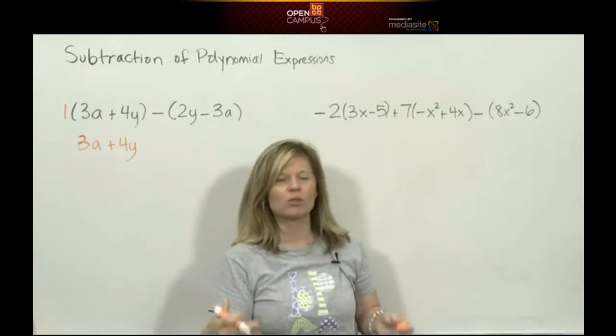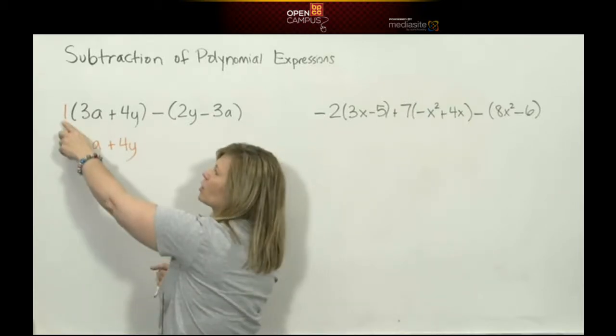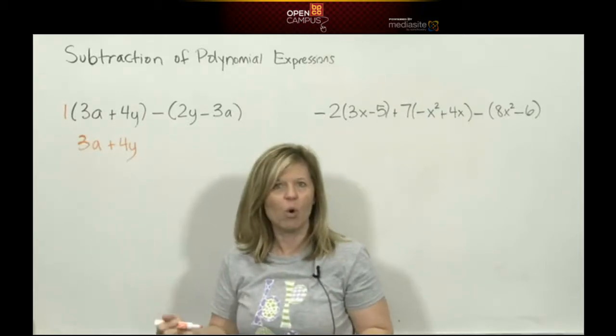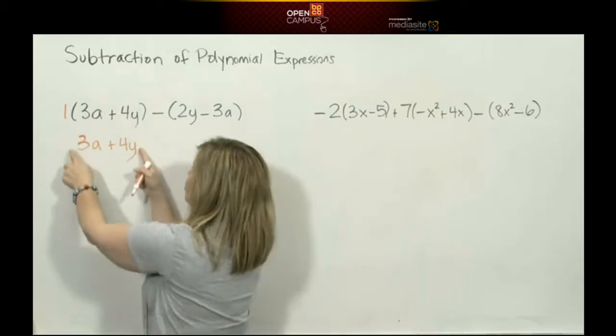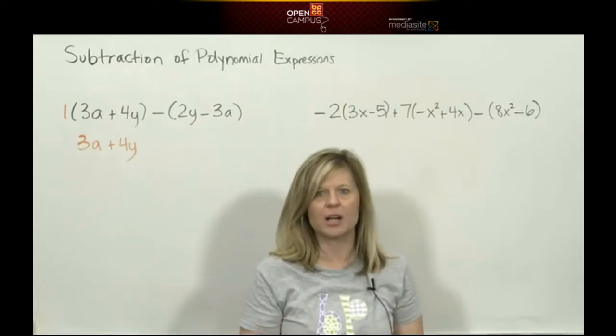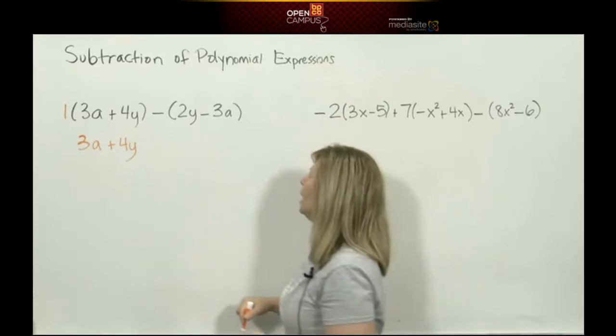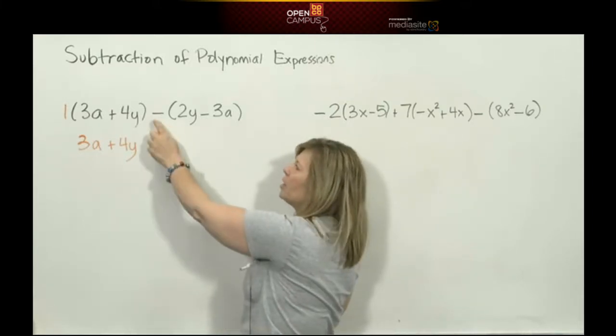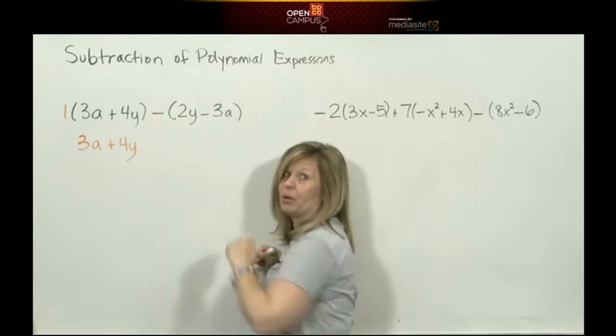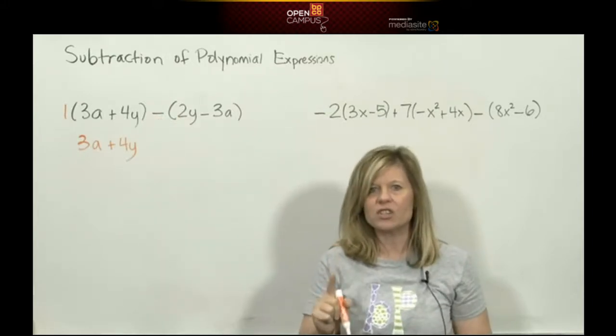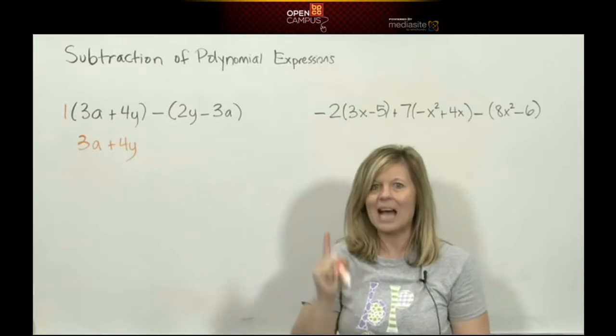So a lot of times what you'll see in algebra is if there's a coefficient of 1 in front of the parentheses, they just drop the parentheses because they understand multiplying by 1 doesn't change your value. However, when we come here, this is a subtraction symbol. We just learned the definition of subtract means to add the opposite.